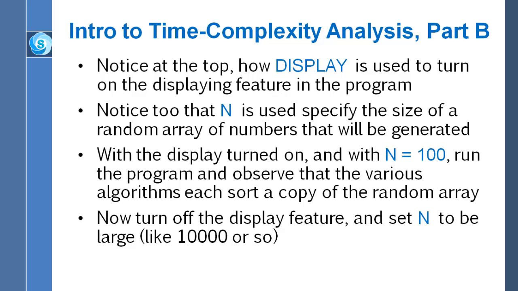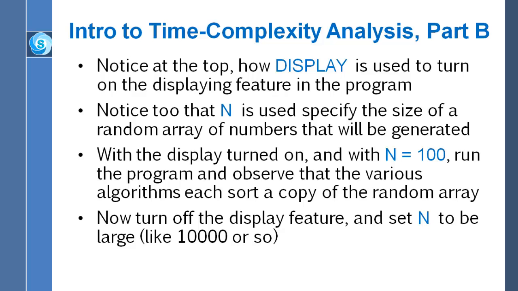If you set n too big, your computer might be too slow to do the sorting in a reasonable amount of time. So if you feel like your program is getting hung up, then somehow interrupt it and set the value of n to something smaller and start over. But chances are n equal to 10,000 is likely to work for you.